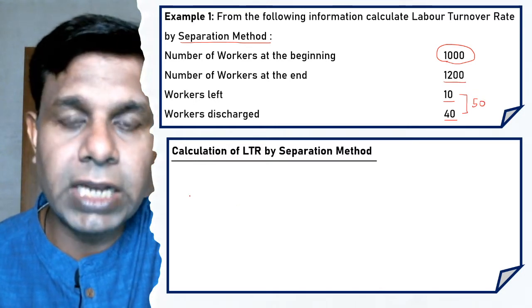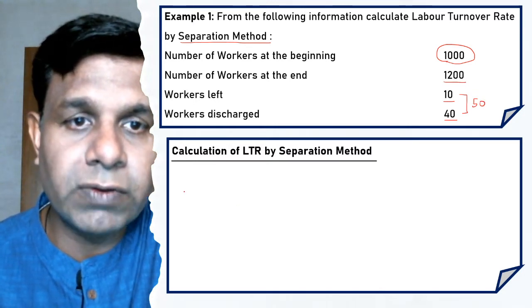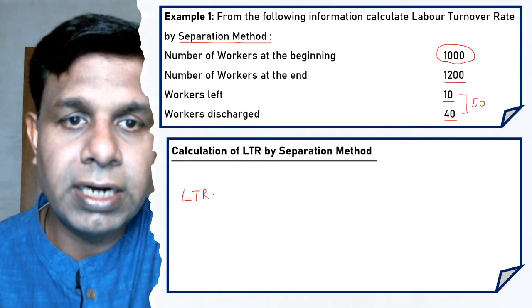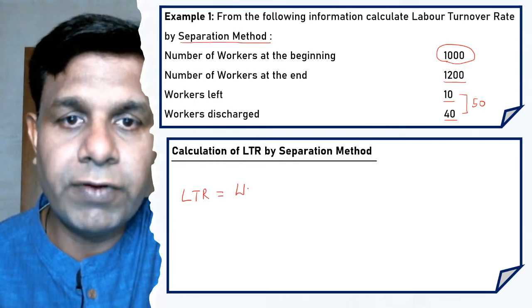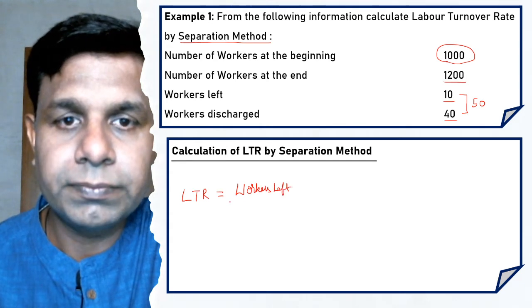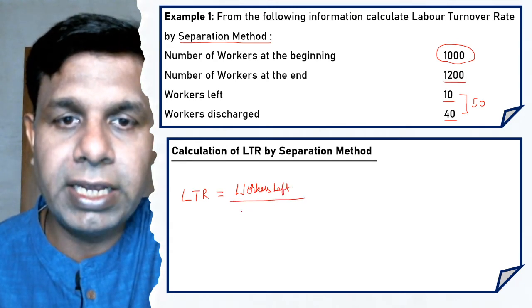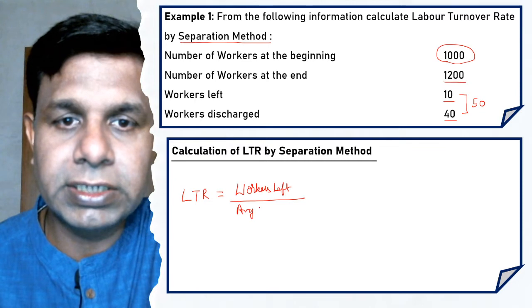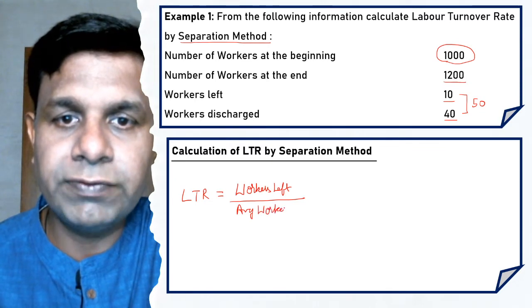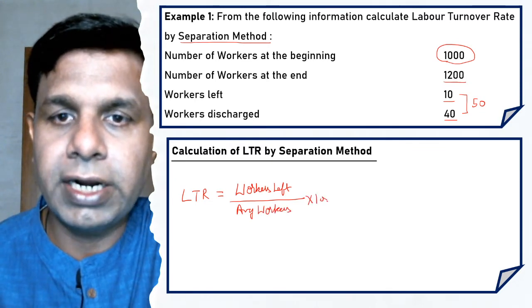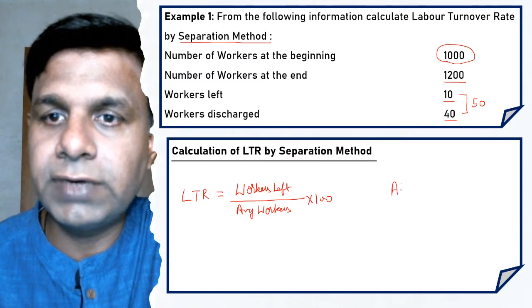Now first we write the formula to calculate labor turnover rate under separation method, and our formula is workers left the organization divided by average number of workers into 100. Now first we calculate average workers.